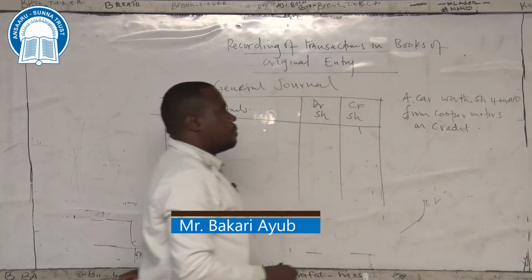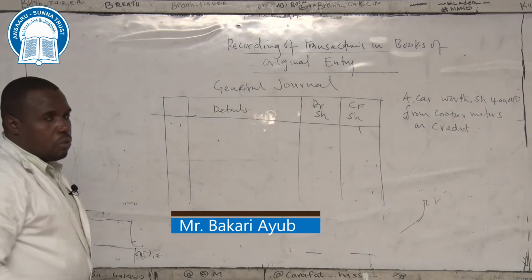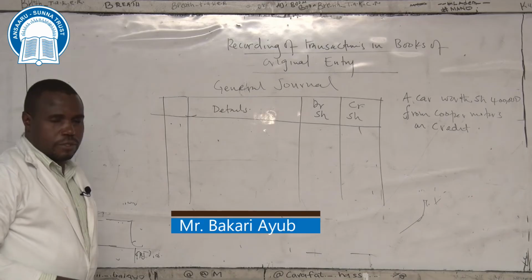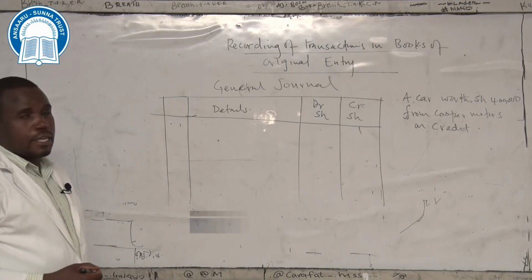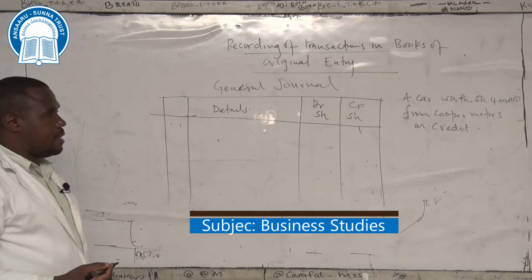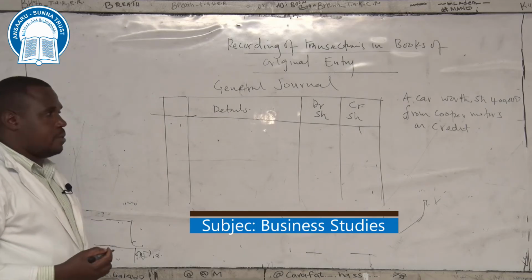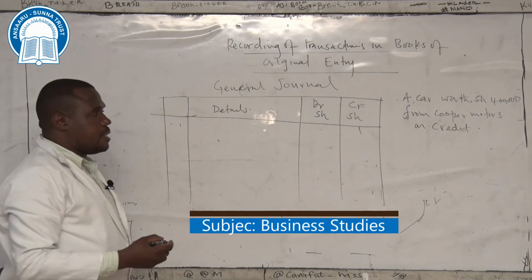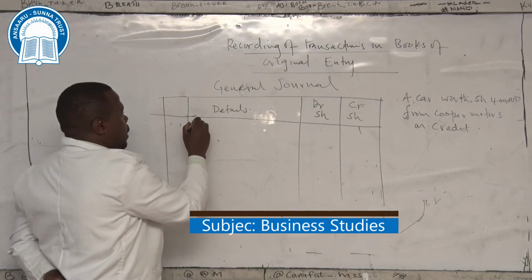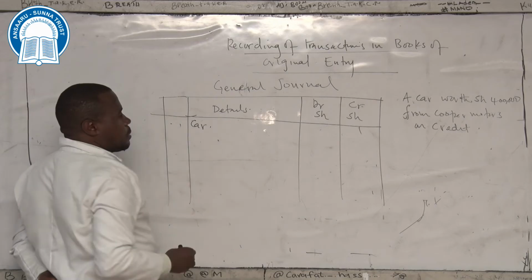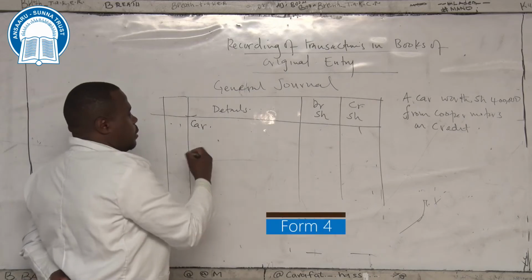This information will affect two accounts naturally. We know when you're using double entry, the first account that is going to be affected is the asset car account. And therefore, since the asset car account is gaining, we'll first write it there, the car or motor vehicle.